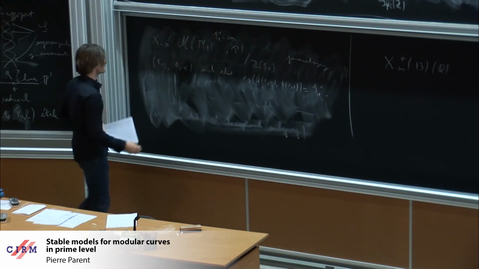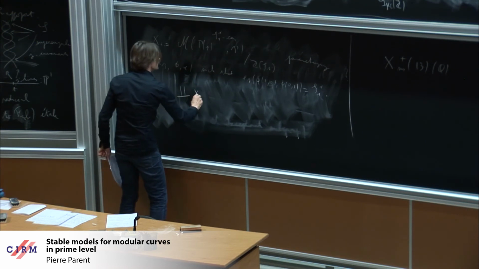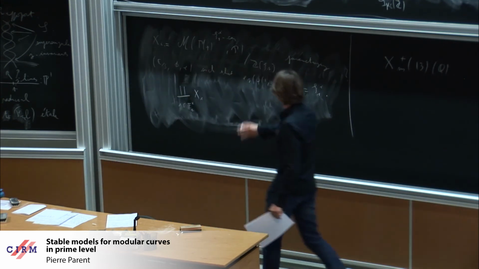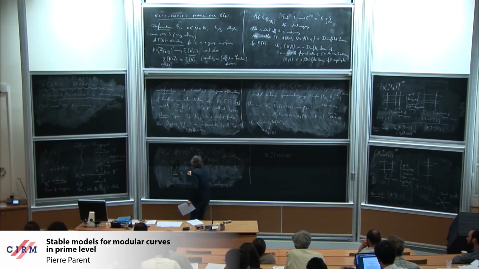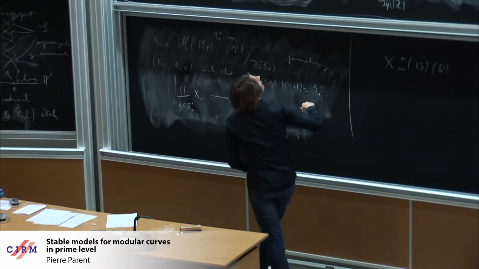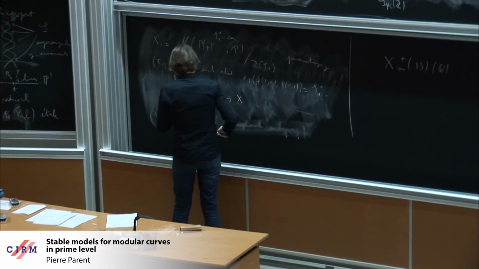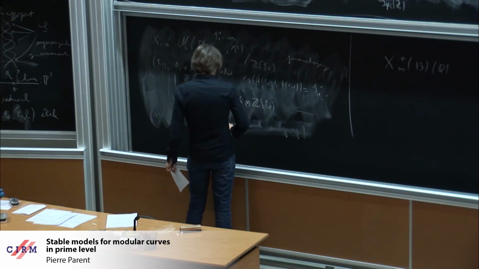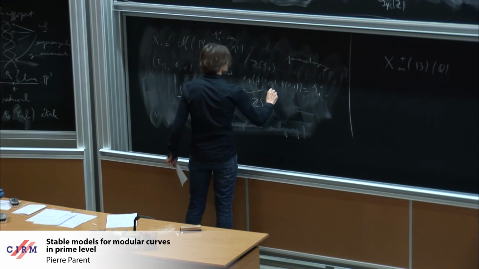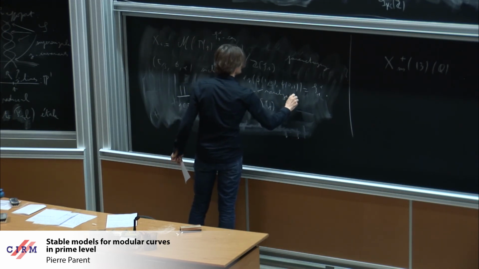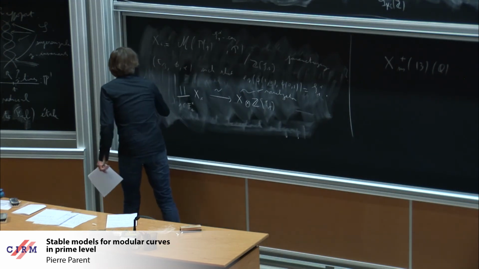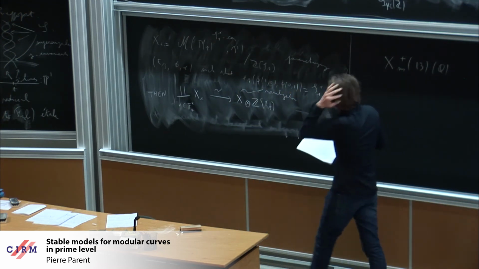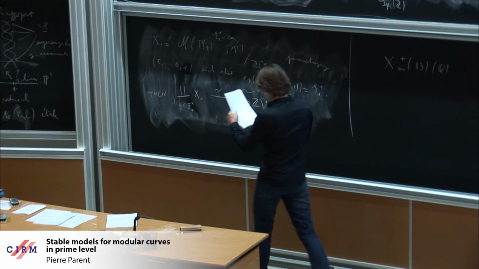So this is something more natural to consider, because then we have a bunch of copies of X_i, which goes to the X introduced here. And if we take the normalization of the right-hand object, then the natural map becomes an isomorphism. So it is easier to study those objects, the X_i.